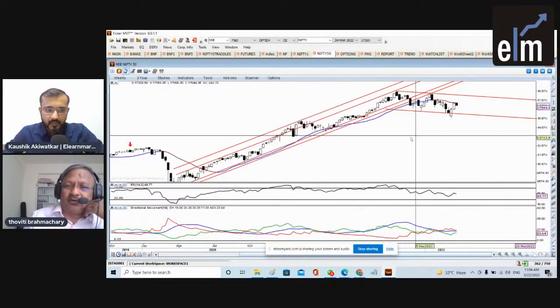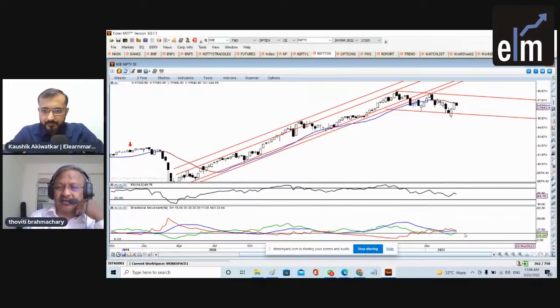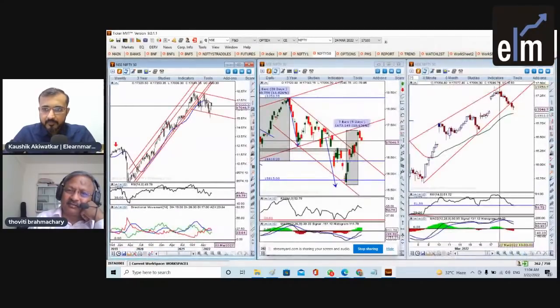So the overall trend is clearly down. Even the RSI is clearly down, in the below 50 zone. And in the ADX, the directional movement indicator, on the weekly chart the negative directional momentum indicator, the minus DMI, is on the top. So this indicates overall bearishness.